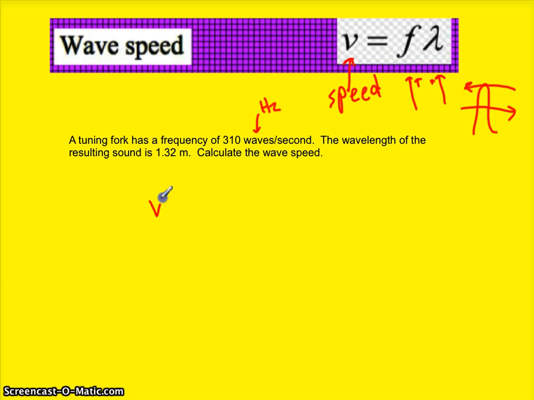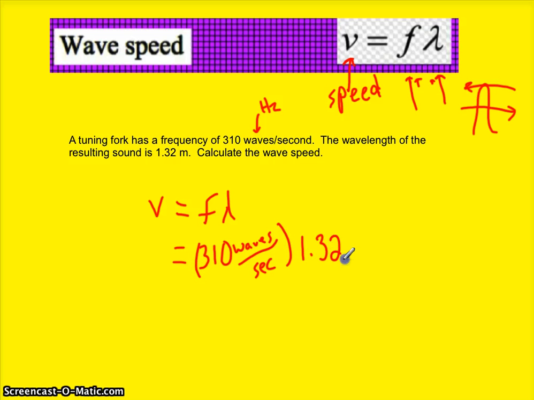So if wave speed equals frequency times wavelength, wave speed equals, let's say the frequency is 310 waves per second, times 1.32 meters.